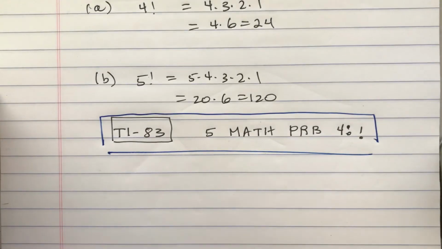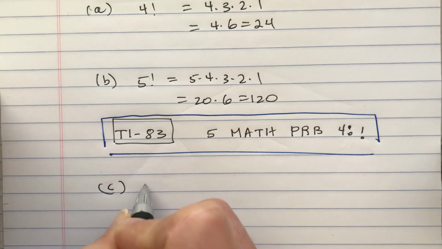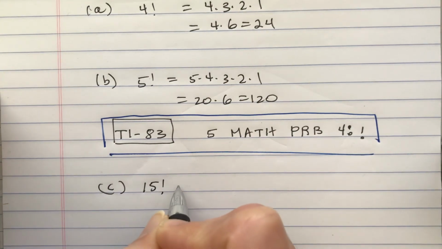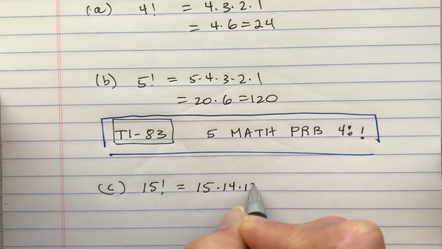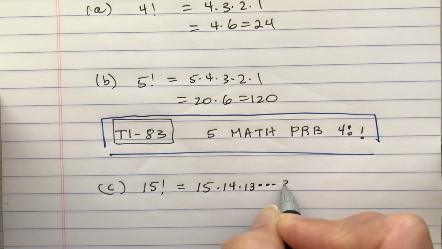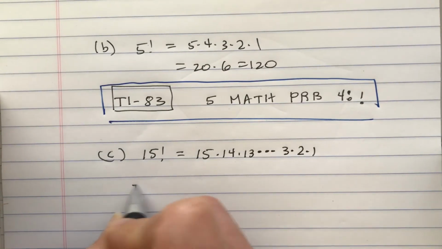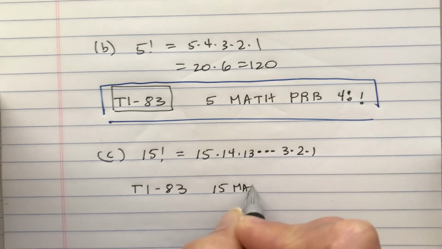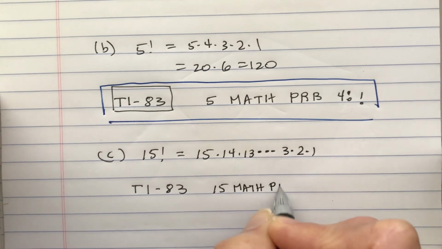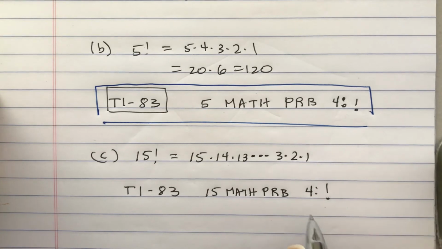So, let's do a bigger one. Suppose you did 15 factorial. This becomes sort of a large number. It's 15 times 14 times, and what happens is that I can start doing dot, dot, dot just to mean I don't really want to write them out. But on the TI-83, I can do 15 Math, PRB, and then I do number 4, which is this guy here, and then enter.